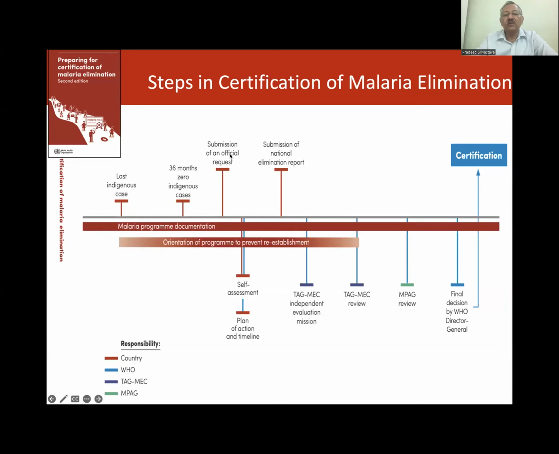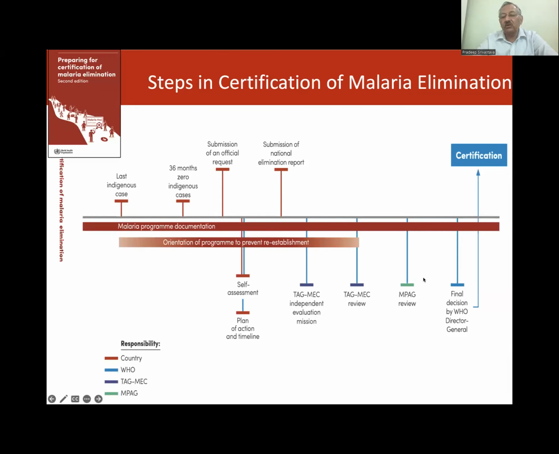Once they submit the official request, they will verify here, and then finally the national elimination report will be submitted. Then the TAG-MEC, the Technical Advisory Group on Malaria Elimination and Certification, will independently evaluate, or they may depute an independent mission. They will come.